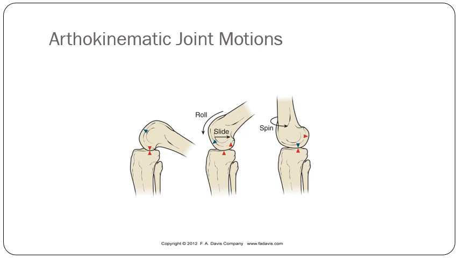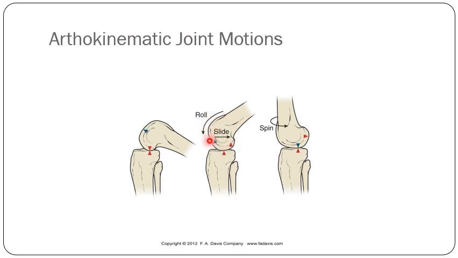So, arthrokinematic motion. We already talked about this and defined roll, slide, and spin. We're coming back to this quickly because we're going to look at what's called the convex-concave rule, and it's important to understand that. Remember, with roll, when new points on one surface come into contact with new points on another surface, that's roll.